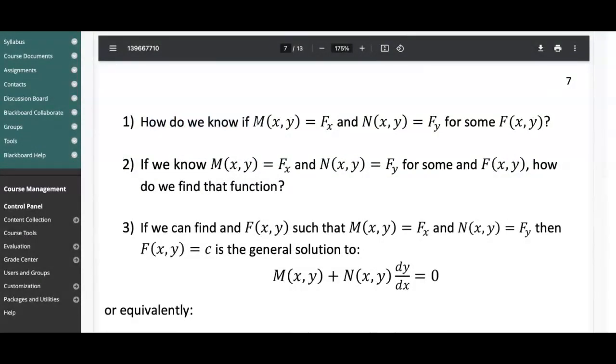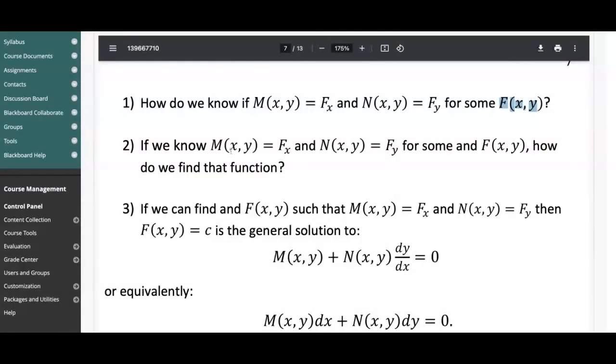How do we know if M is the partial derivative in terms of x and N is the partial derivative in terms of y for this function of x and y? Second, if we know this is true for some function, how do we find that function? This we call the potential function, f. Because we have a partial derivative, we want to find the potential function.